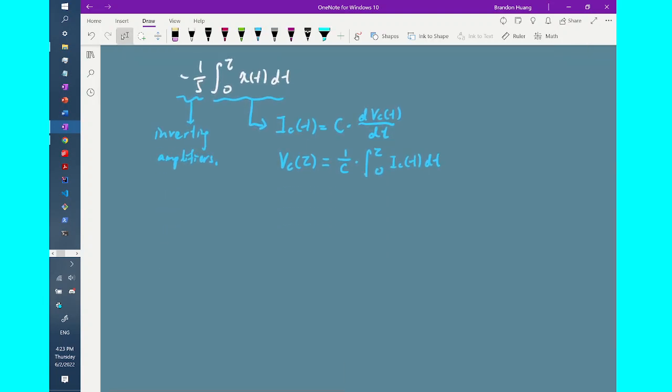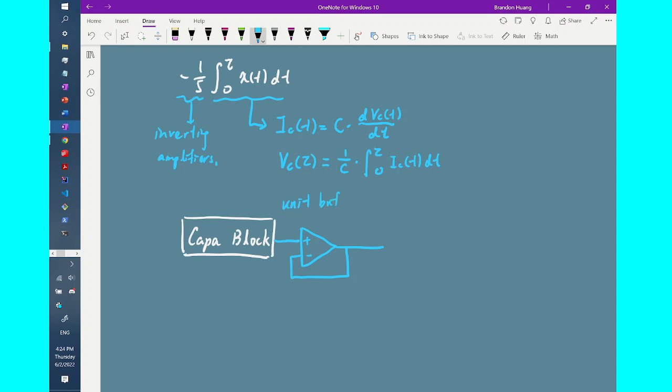So first of all, I need a capacitor block here, such that I can first generate some kind of integral output. And I'll connect this to the positive terminal of one of the op-amps with a negative node directly linking to its output. So now I have made a unity buffer here, such that whatever I'm going to connect to the op-amp next, I will not be influencing the capacitor block.